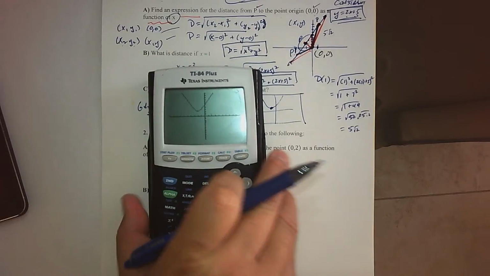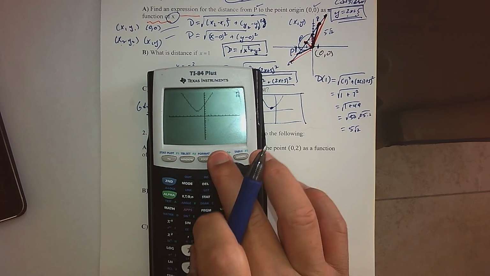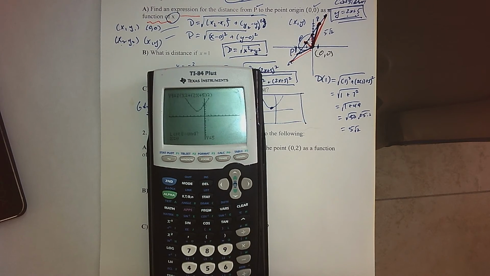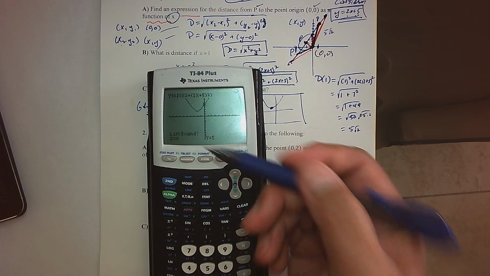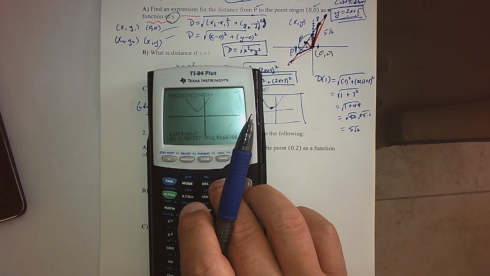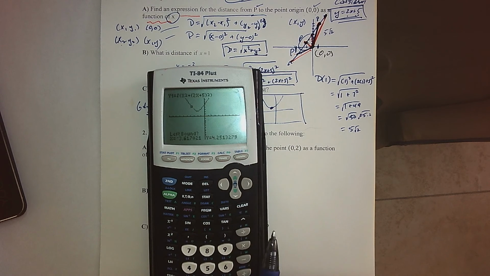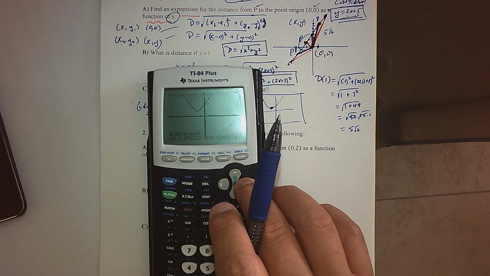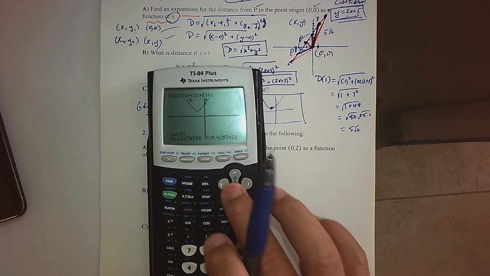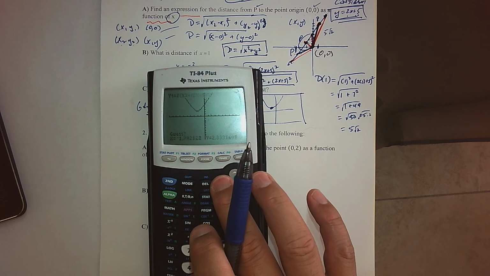So all I've got to do is go to second calc. We're going to find a minimum, so I'll highlight minimum. I've got to go to the left of that minimum, so I'm going to press the left arrow. Notice my little cursor moving. I'm definitely to the left of that low point. It's going to ask me to go to the right. So I'm now definitely to the right. And then it's going to ask for a guess.